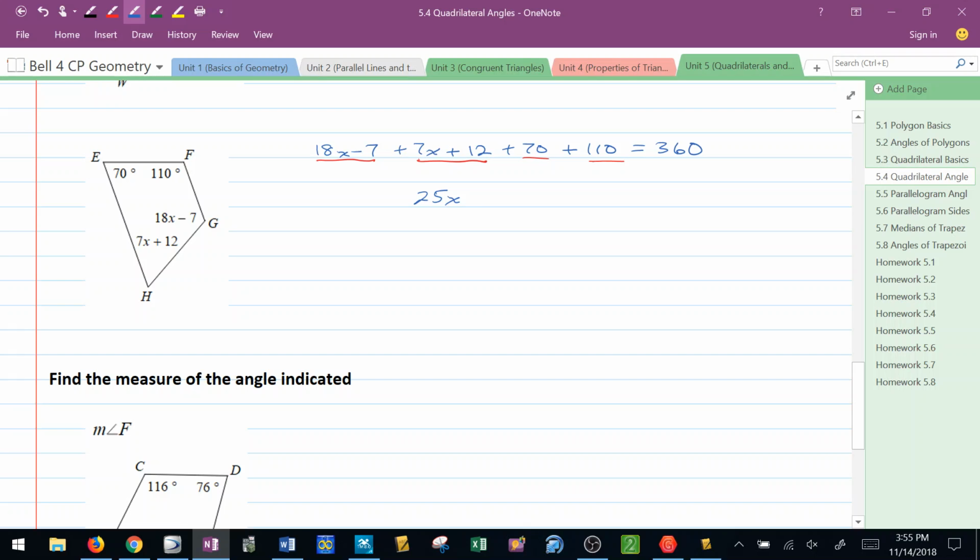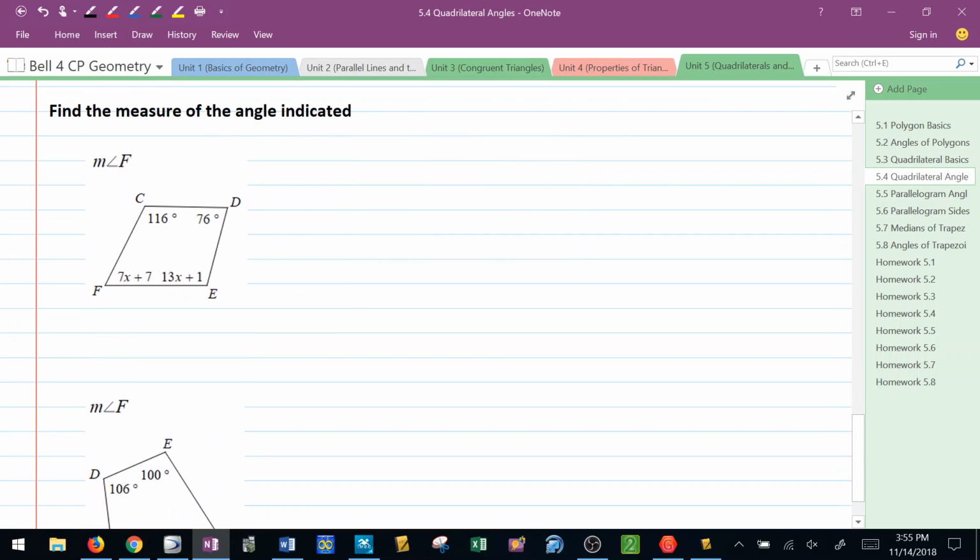I'm going to combine my like terms of numbers, minus 7 plus 12 plus 70 plus 110, and that gives me positive 185 is equal to 360. I subtract 185 from 360, and I get 25x is equal to 175. So I know x here will be 7.